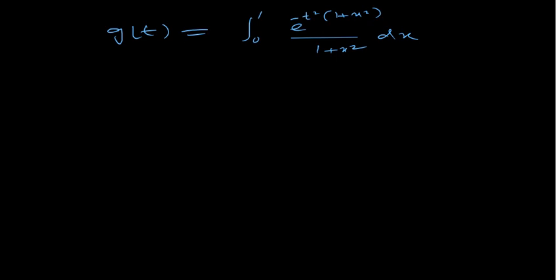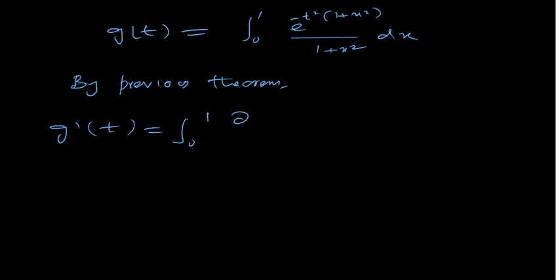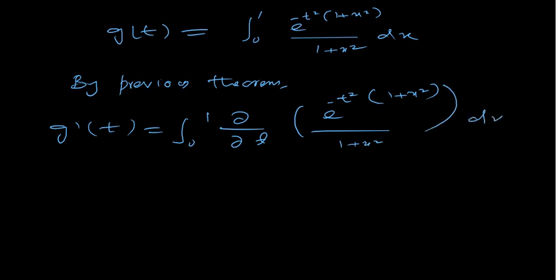So what will be g dash t? By the previous theorem that we have done in the previous lecture, g dash t is equal to the integral 0 to 1 of the partial derivative of the inner function, del by del t of e power minus t square times 1 plus x square divided by 1 plus x square, and then we have dx.